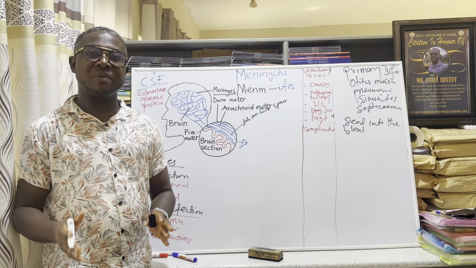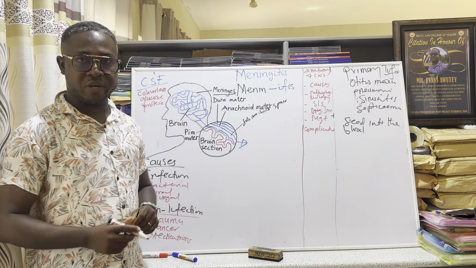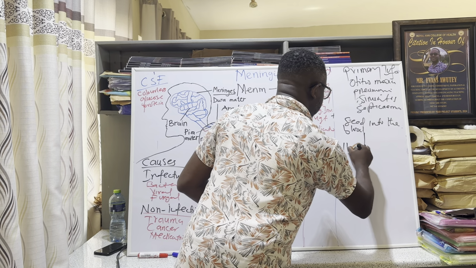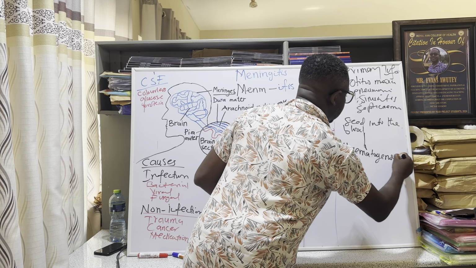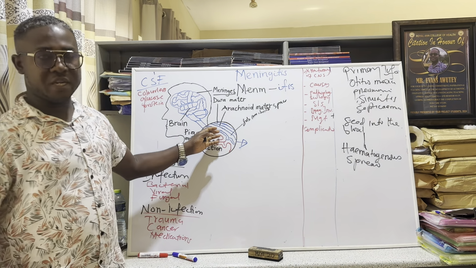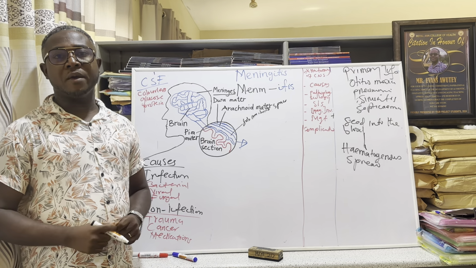This contaminated blood is being carried to all parts of the body, including the brain. And so there is a hematogenous spread to the meninges. And when they get to the meninges, the inflammation begins.